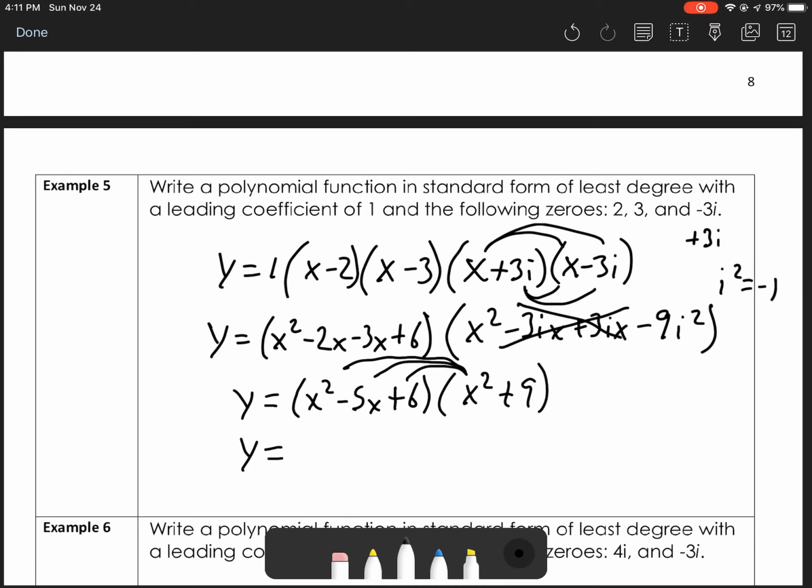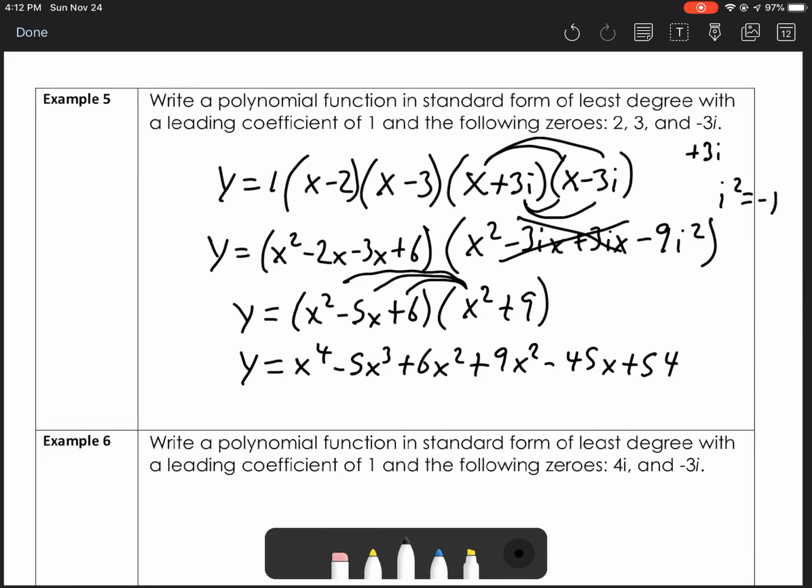So we get y equals x to the fourth minus 5x cubed plus 6x squared. Now we distribute the 9. We get plus 9x squared minus 45x plus 54. Let's combine our like terms and get our final answer. Y equals x to the fourth.